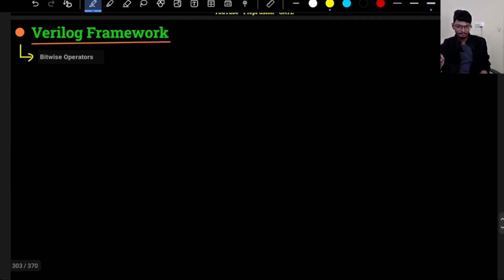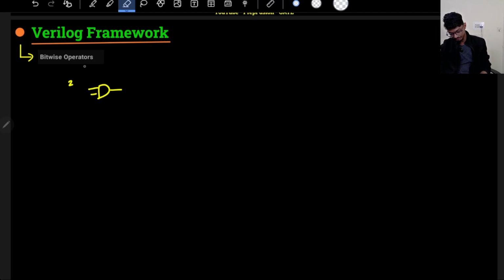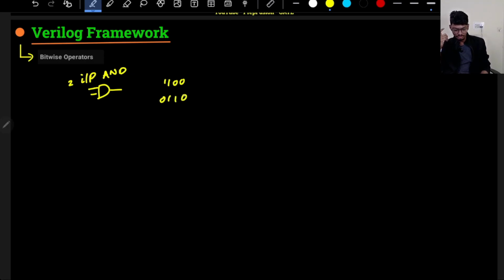So let me start with bitwise AND. Basically, let's say I have a 2 input AND gate. Let's say I want to do bitwise AND on two numbers, 1100 and 0110.